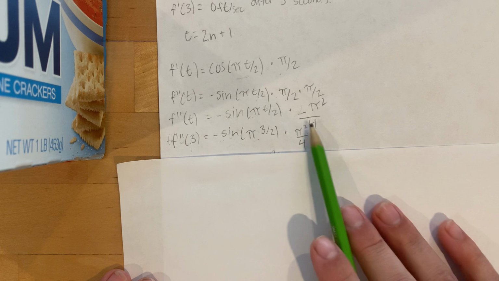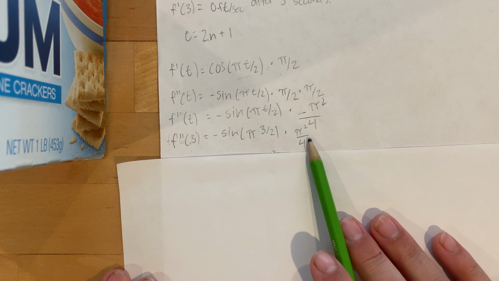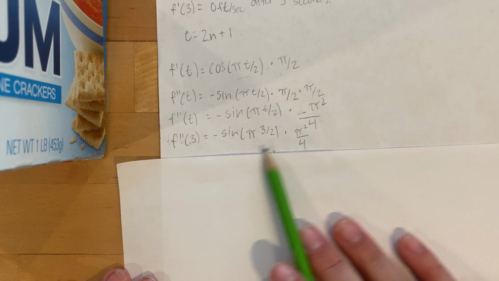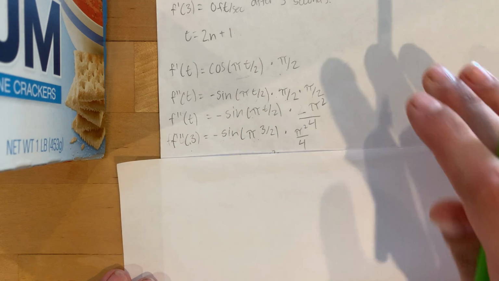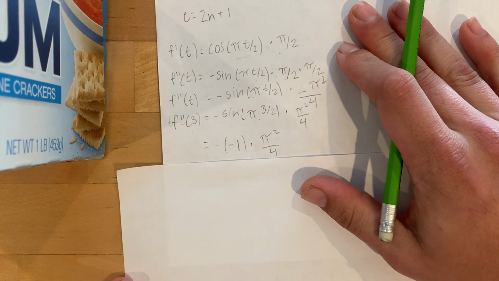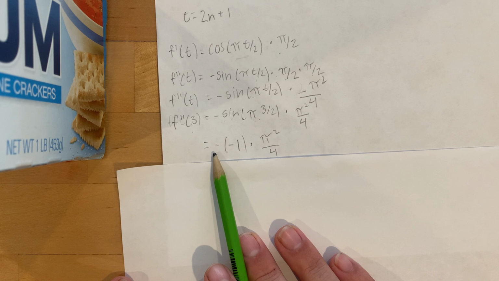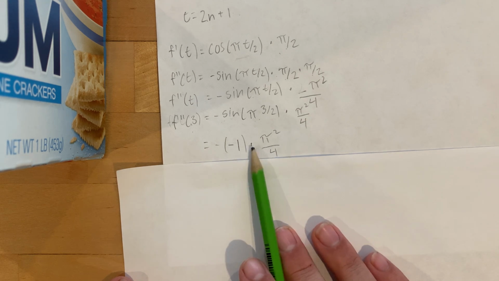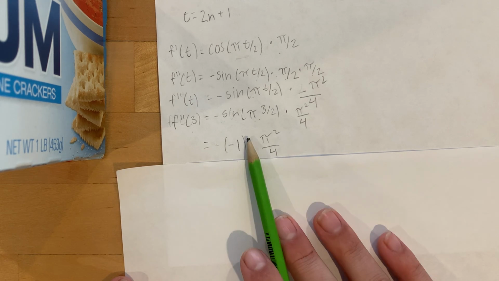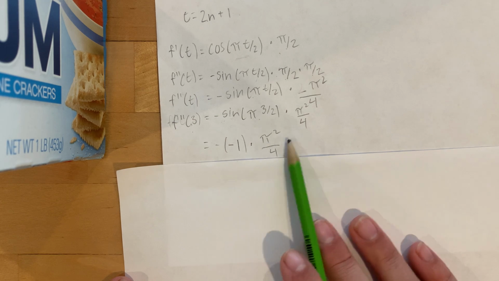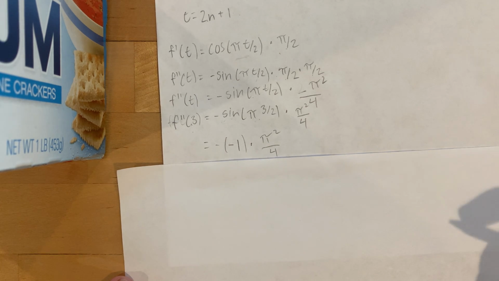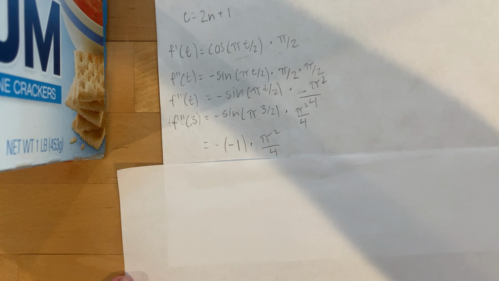We're probably just going to leave this alone out here because it's going to make it harder to simplify in the long run. So we also need to bring down our negative, and we find that negative times negative 1, which is going to be a positive, leaving this at 1, times pi squared over 4 is what our acceleration is going to be after 3 seconds.